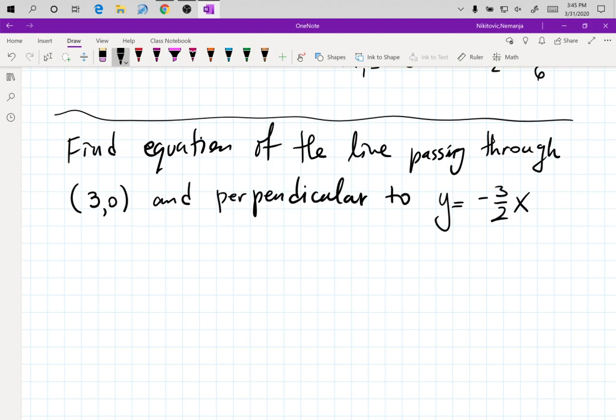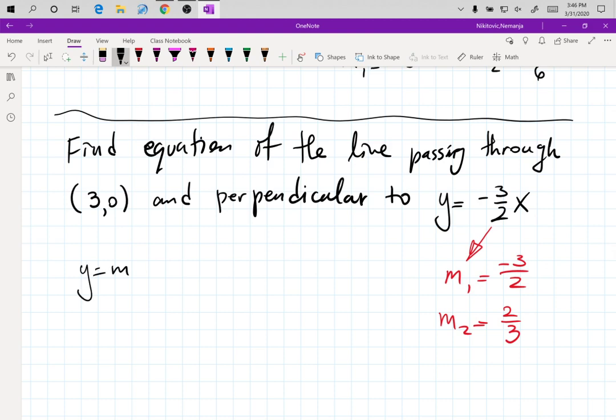So the first order of business for us is to figure out the slope, right? Your m1 is -3/2. That means the slope you need has to be flipped and have its sign changed. So that means +2/3. And then all we need to do is use the slope and the point in the formula and we're done.